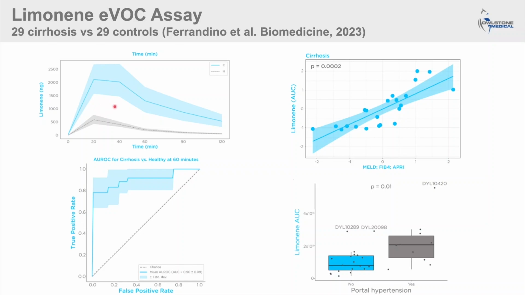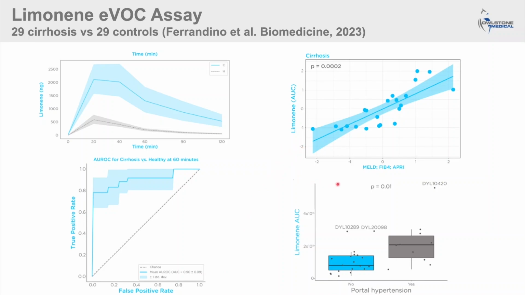And here are the cirrhosis subjects showing an increased amount after limonene administration, suggesting that limonene is behaving as a compound with high hepatic extraction, as I mentioned before. All of the time points post-administration show classification performance, and here is just the example of 60 minutes, which showed an AUC of 0.9.